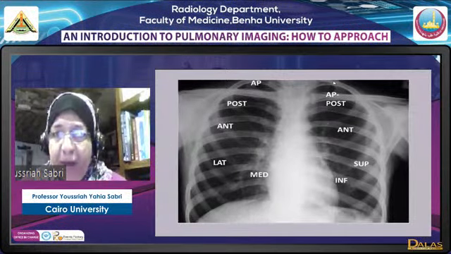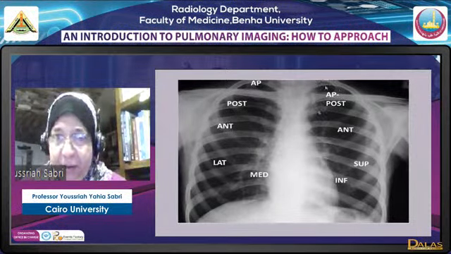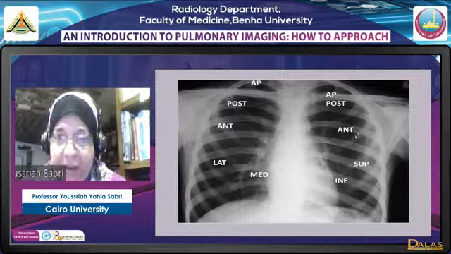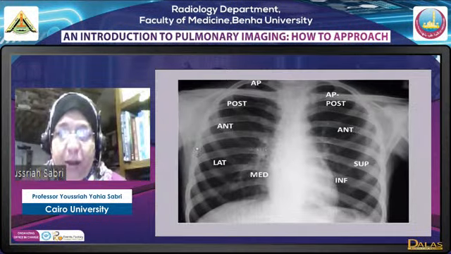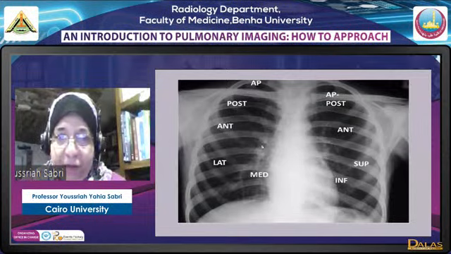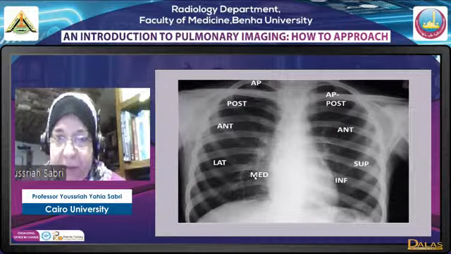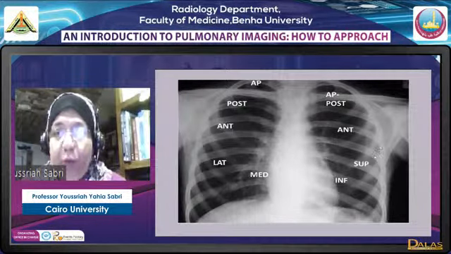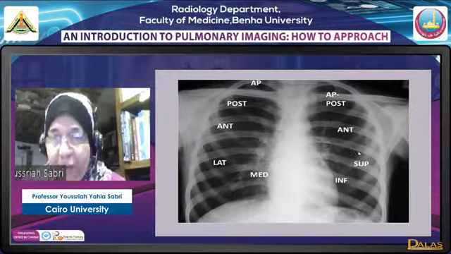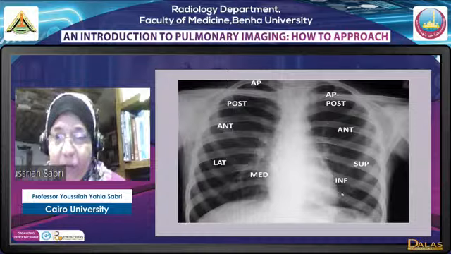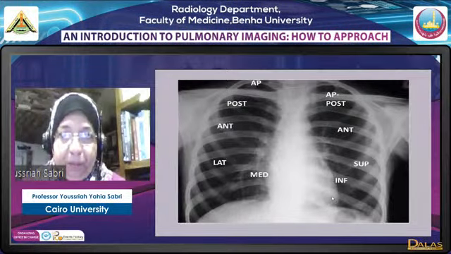On the left side, we have an apico-posterior segment in this position, and an anterior segment in this position. Regarding the middle lobe, below the imaginary line we have the lateral segment, and related to the right border of the heart we have the medial segment. On the other side, we have the superior segment below the imaginary line of the lingula, and the inferior segment of the lingula related to the left cardiac border.